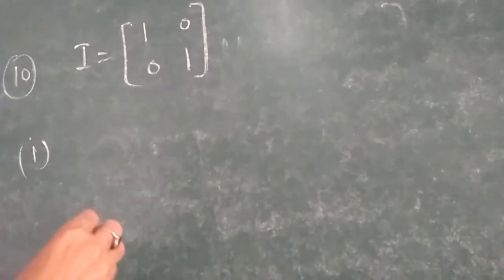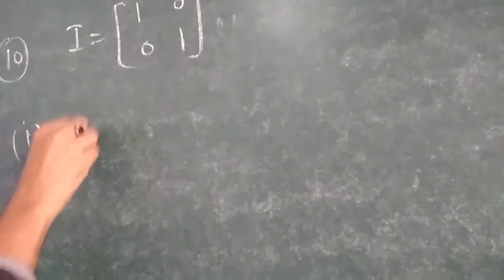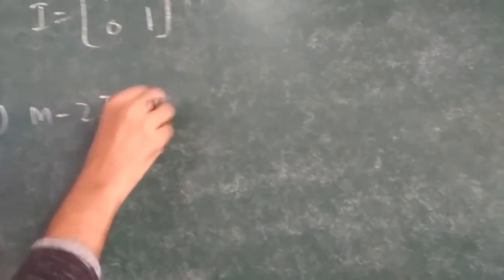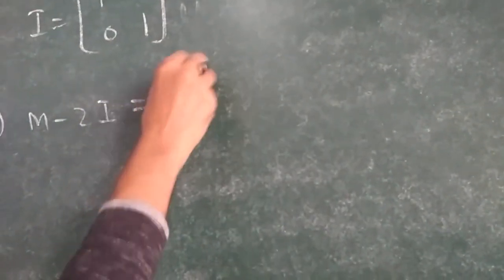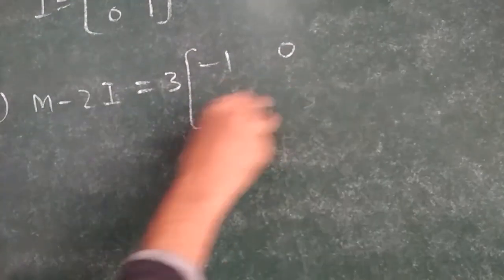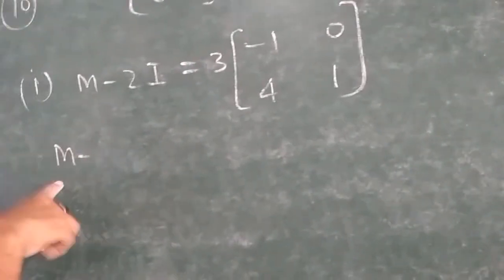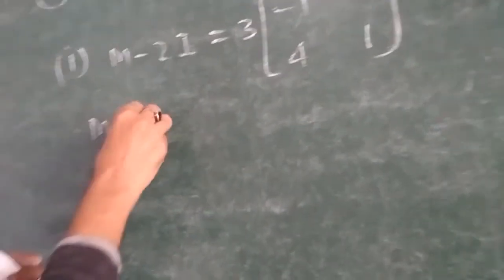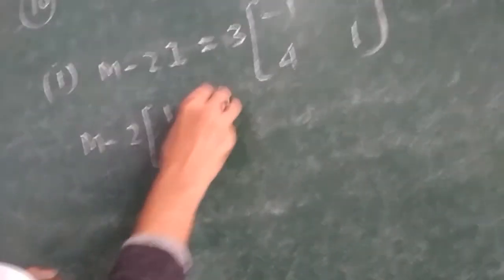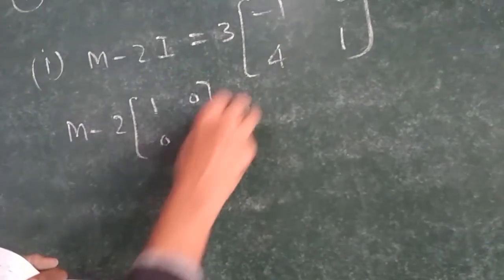You are given M minus 2I equals to 3, minus 1, 0, 4, 1. Now put the value, we have to find the M matrix. Put the value of I, 1, 0, 0, 1.